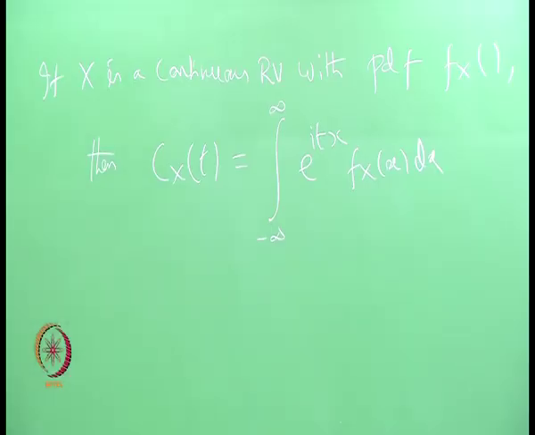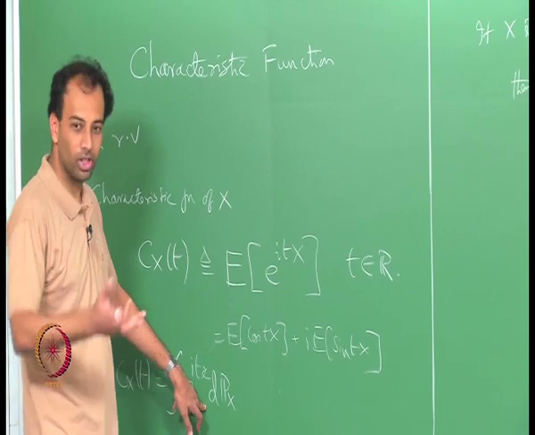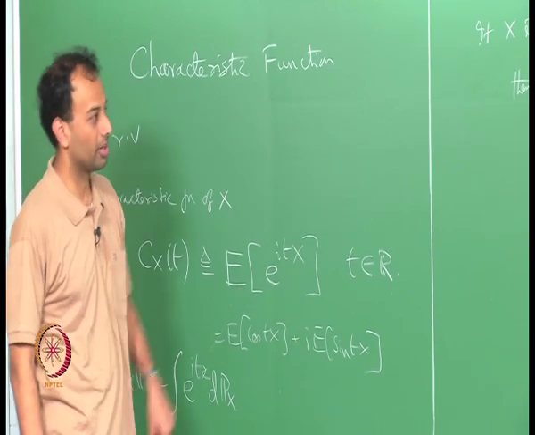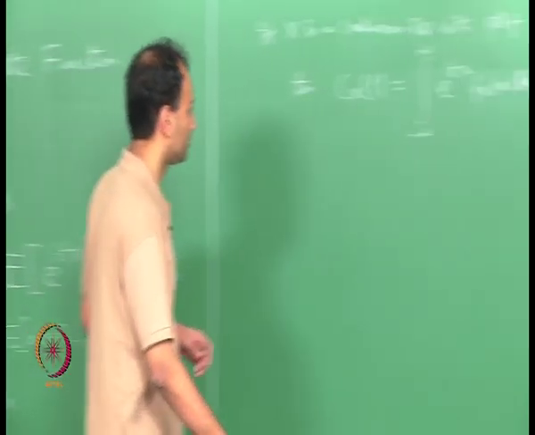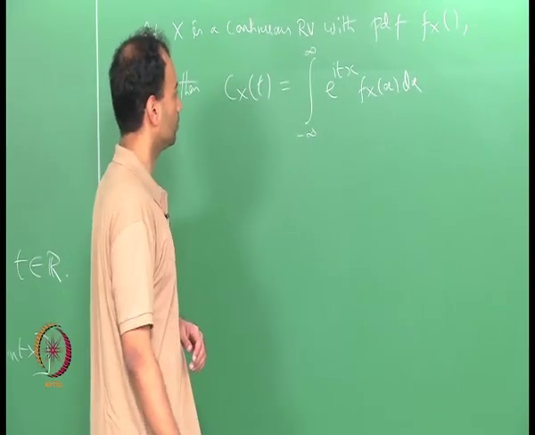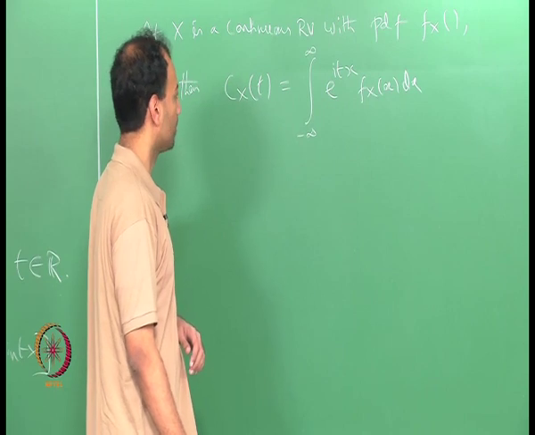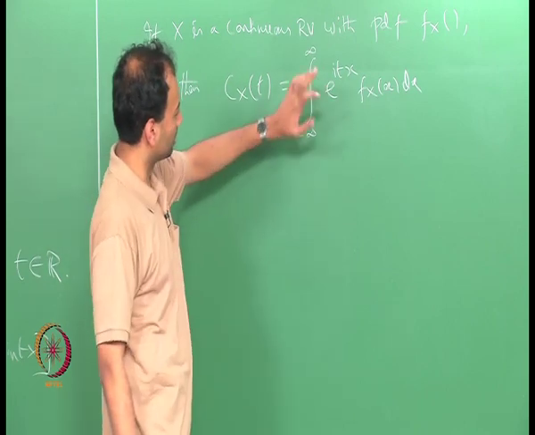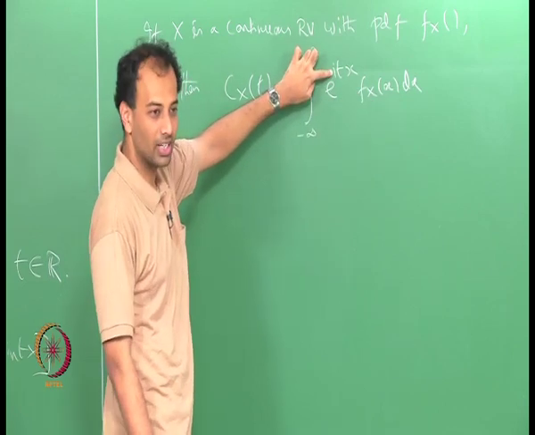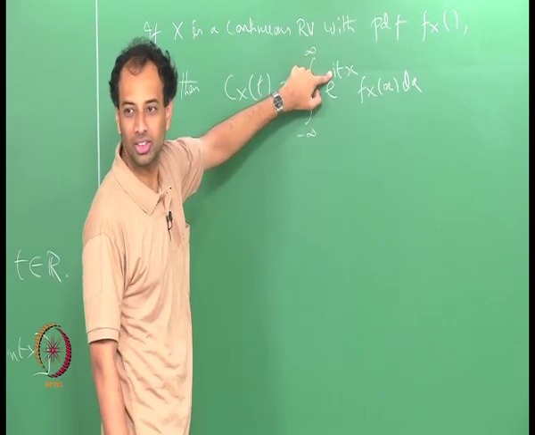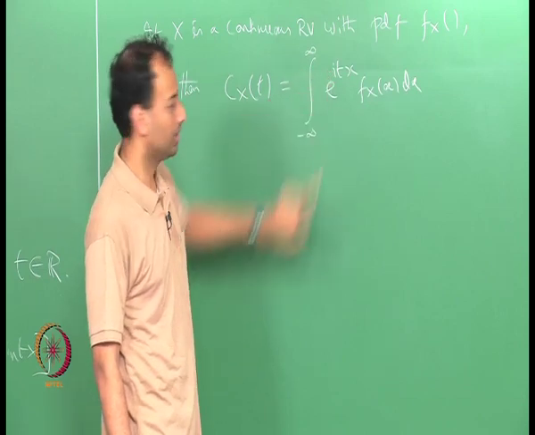Because in the case of a continuous random variable, the Radon-Nikodym theorem tells you that dP_X is f_X dx. So, this is like a Fourier transform of the PDF, except that the Fourier transform usually has a negative sign here. It is the only difference.